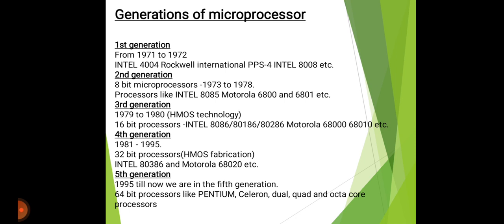Processors like Intel 8085, Motorola 6800 and 6801, etc. The duration of the second generation is from 1973 to 1978.